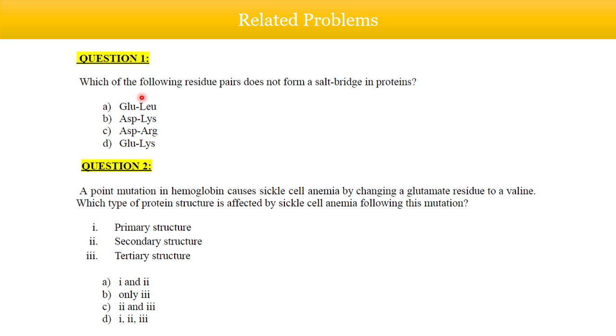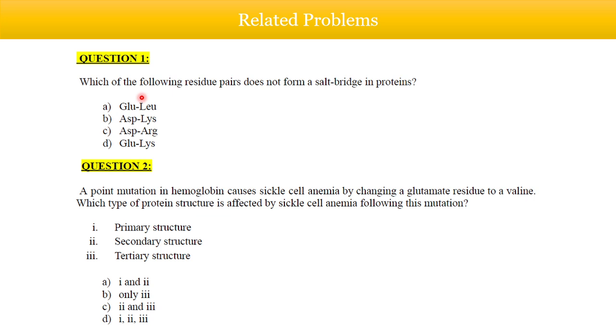So if you see that upon introducing, yeah, someone raised a hand. Tell me. Okay. Yeah, you can just drop the answer. Right. So whenever you're introducing a mutation, what happens? The mutation is basically introduced in the primary structure, so the primary structure is definitely affected.